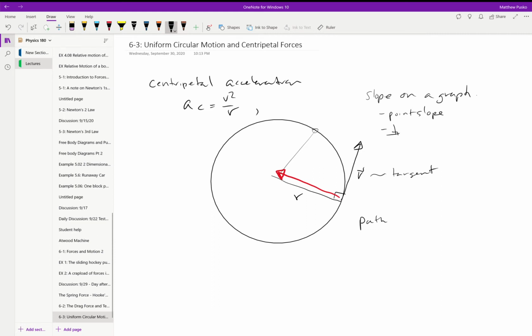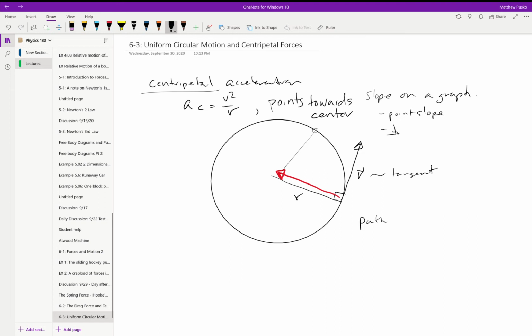This is, I think, pre-cal stuff. That perpendicular line would be the line that is in the direction of our acceleration. So it always points inwards, or towards the center. And that's exactly what centripetal means: center-seeking acceleration.